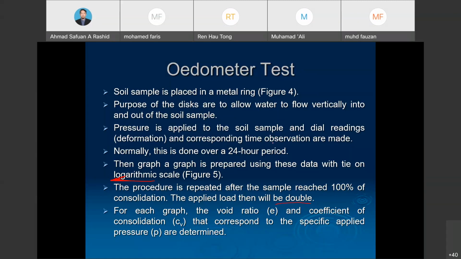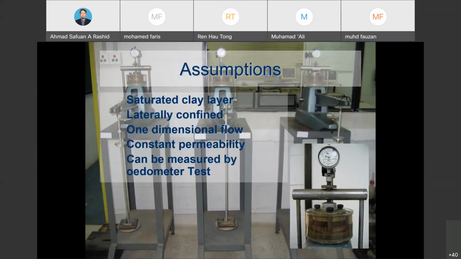Later we will discuss how to analyze the results from this oedometer test to obtain the consolidation characteristic values. So this is the full setup, and this is the sample.